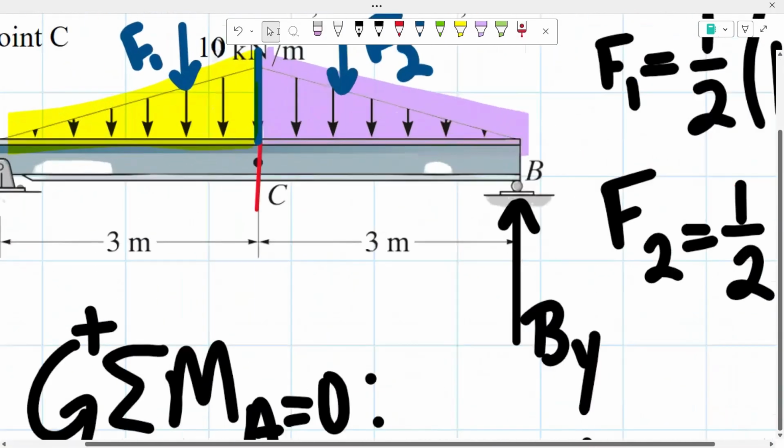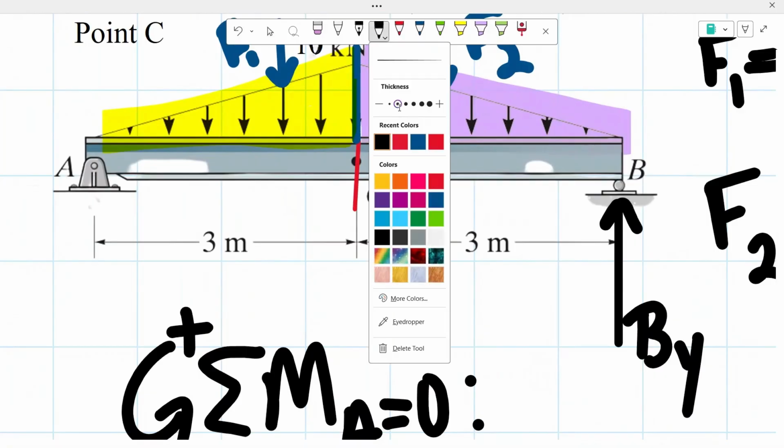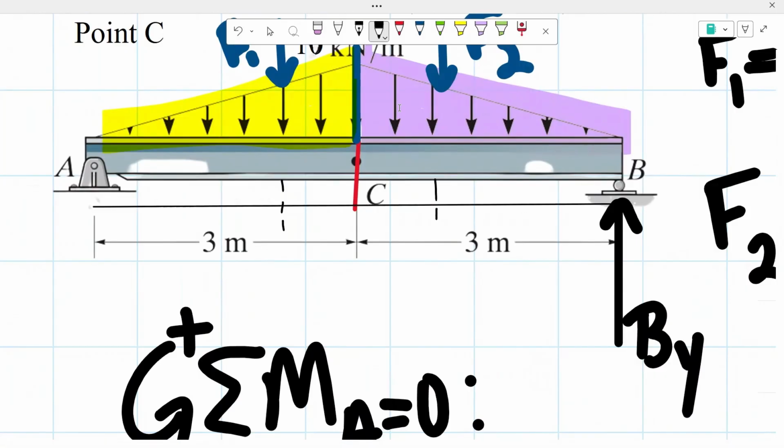And if you want, I'm just going to quickly include that. We know then that from here to here, there's 2 meters, from here to here, 1 meter, 1 meter, and 2 meters.